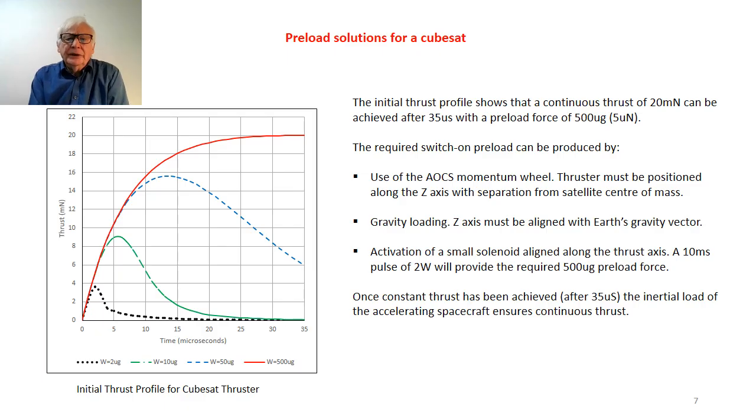So you apply it for 10 milliseconds, but long before you get to the end of the solenoid pulse, in fact after 35 microseconds, the inertial load of the accelerating spacecraft will apply a load to the thruster, and this will ensure continuous thrust.